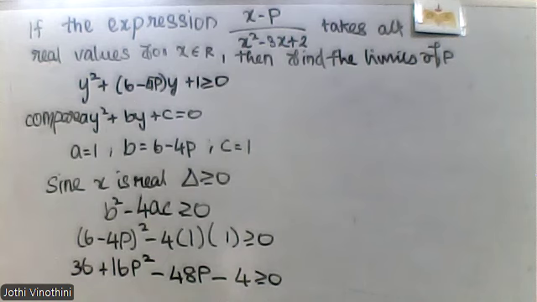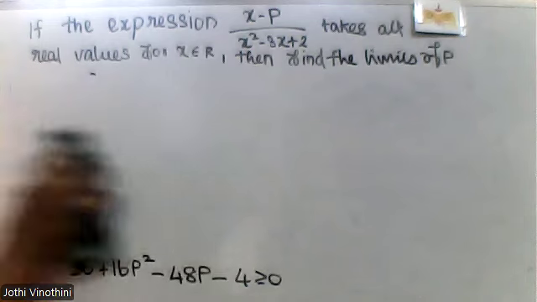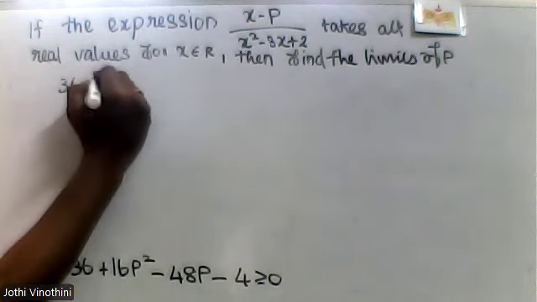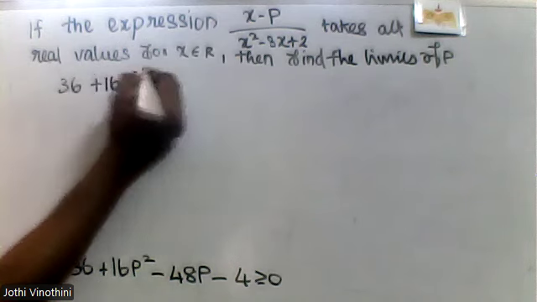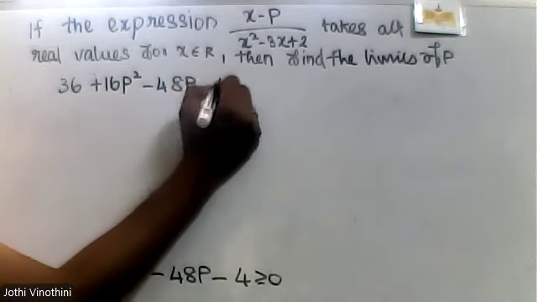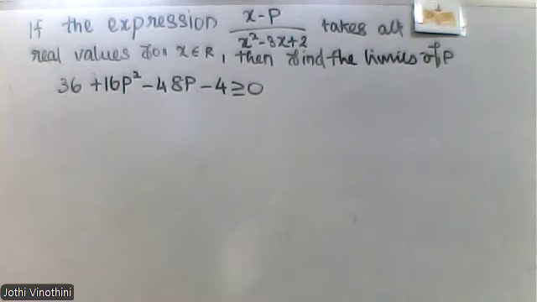Okay, what we find? 36 plus 16p squared minus 48p minus 4 must be greater than or equal to 0.